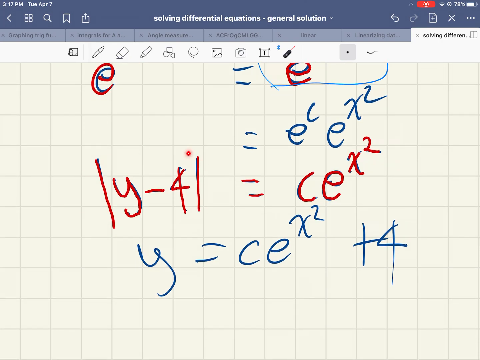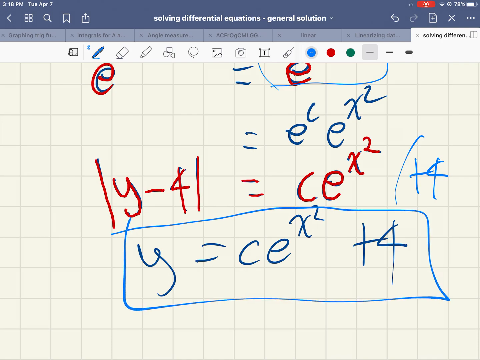Now, as I did in the example before, I assume that the absolute value gives us just the positive. I'm going to add 4 to both sides. And y would end up equaling c e to the x squared plus 4. Okay, folks? So c e to the x squared plus 4. And that is the solution to that. That's the general solution of that differential equation.